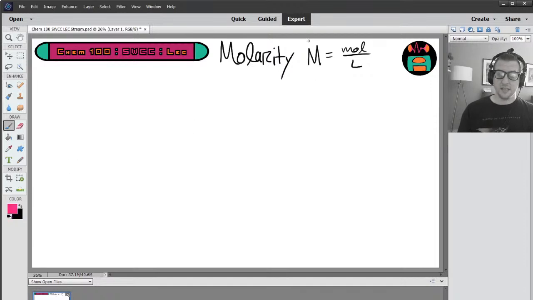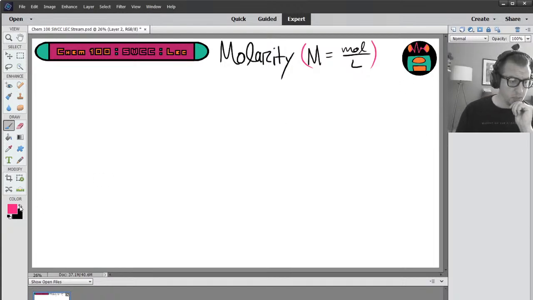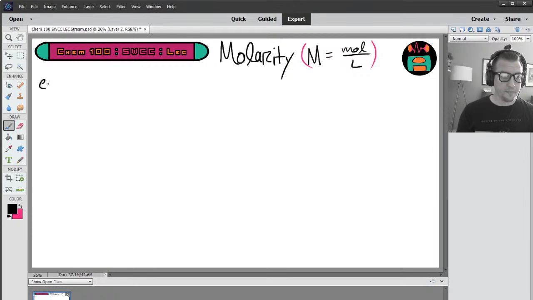All right, so that is the definition of molarity. And molarity allows us to solve problems like the following.